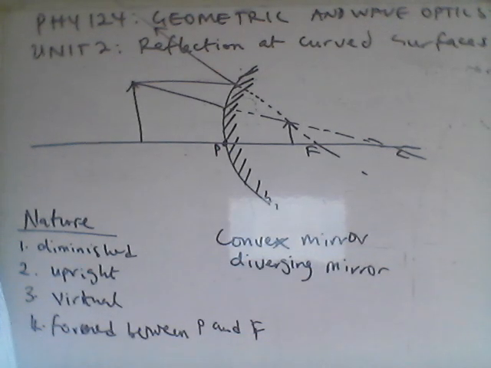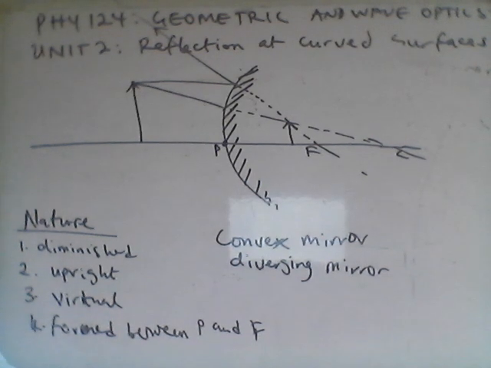So the diverging mirror is very easy. The same mirror formula applies for the diverging mirror. If you have a question that has to do with a diverging mirror, apply the same principle and you are good to go. So we have looked at curved mirrors, reflection on curved surfaces.